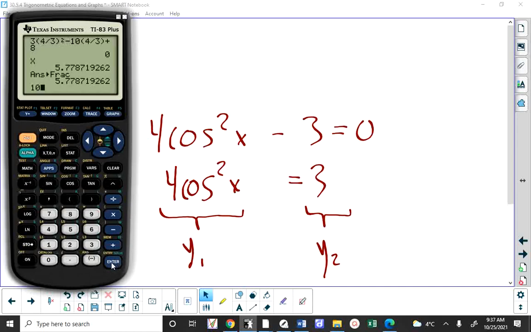Not sure what happened there. Enter, enter. I don't know what happened there. Doesn't matter. I must have hit something by mistake. I think I used the same curve twice. Anyway, you can do that as well.